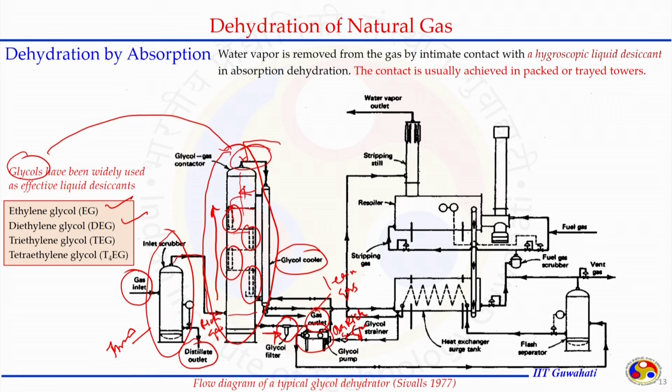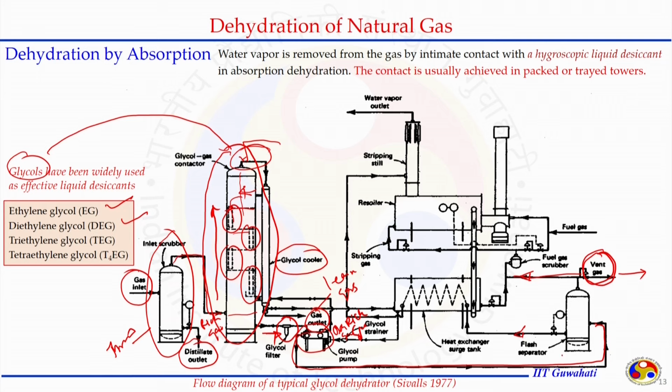After that pump, it is sent to a flash separator, and this flash separator is able to separate out the gases that may have transferred from the natural gas to glycol, and the remaining glycol will go to a further unit. And this vent gas, that may be methane or some other hydrocarbon gases, may be used for energy requirement or may just be vented out and discharged.